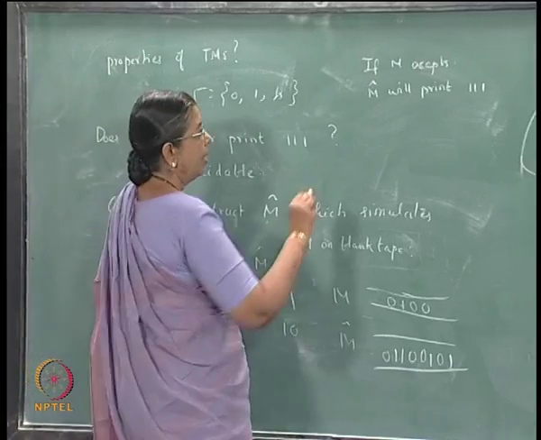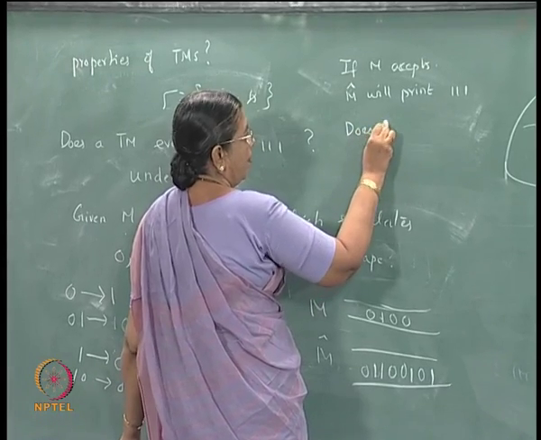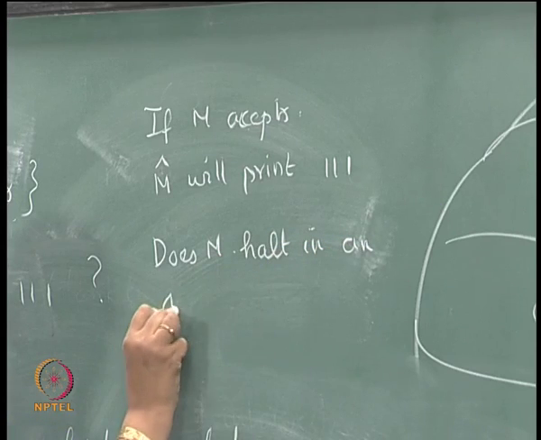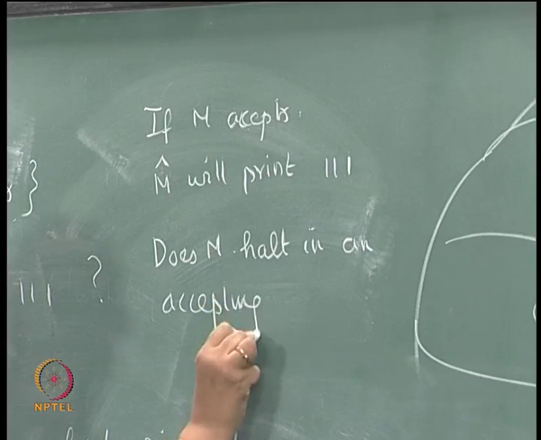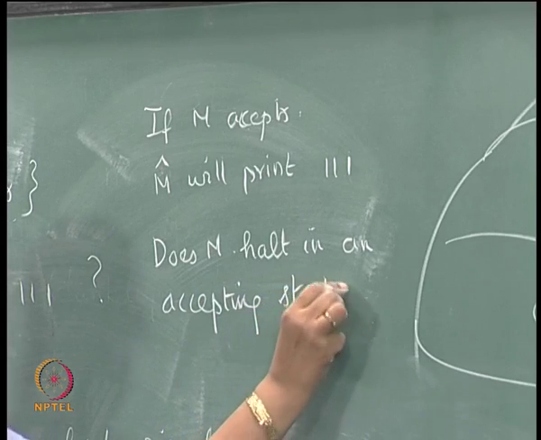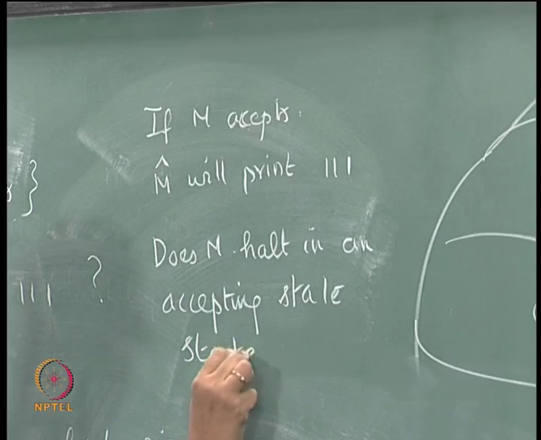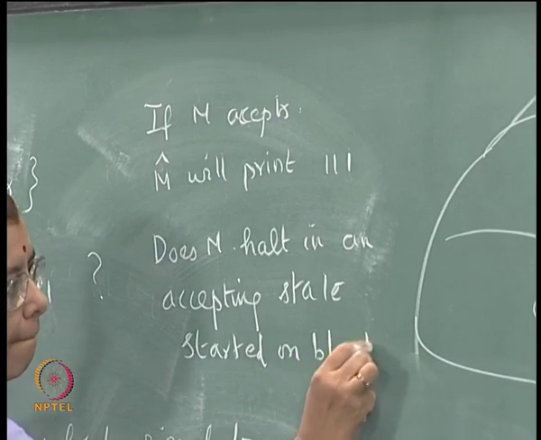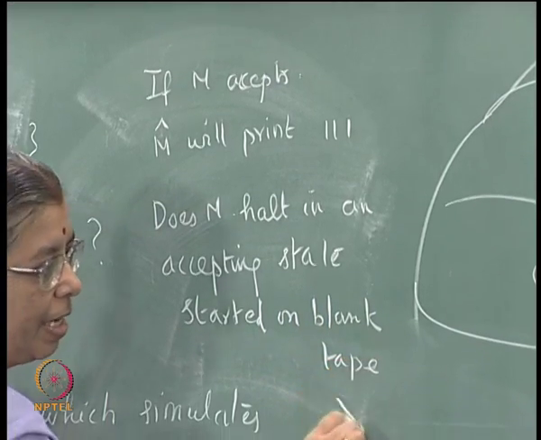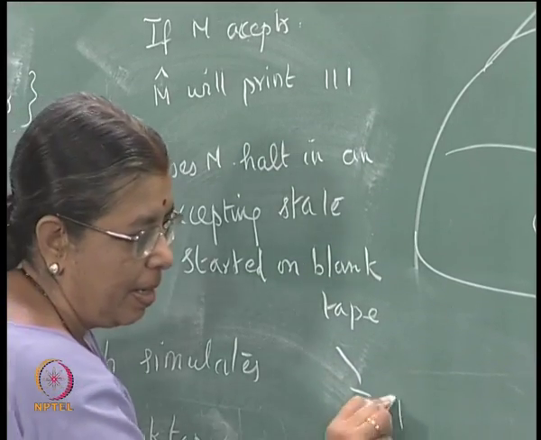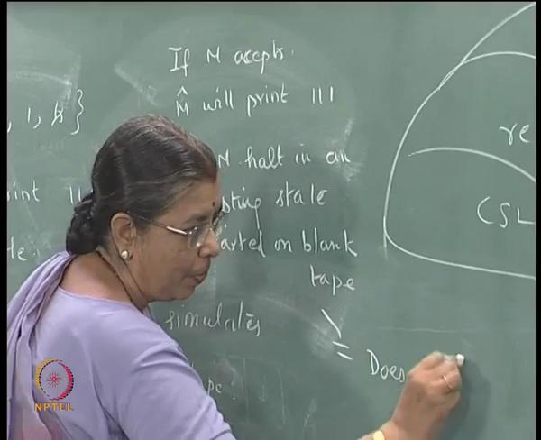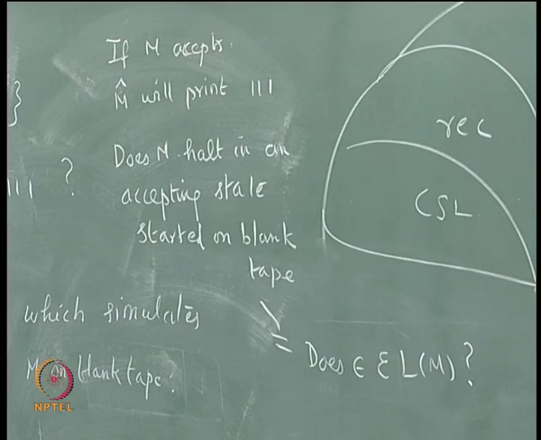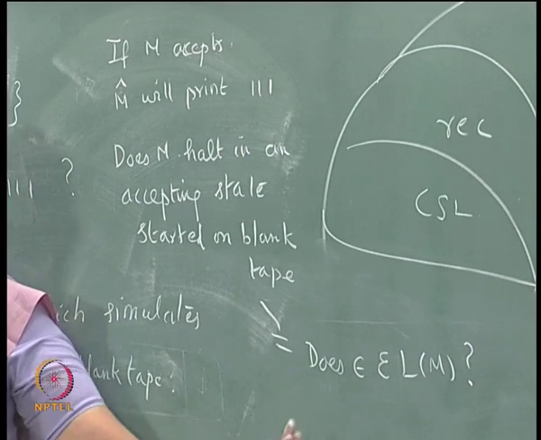The problem is, does M halt in an accepting state started on blank tape, and this is equivalent to the problem: does epsilon belong to L of M, or L of M contains epsilon?